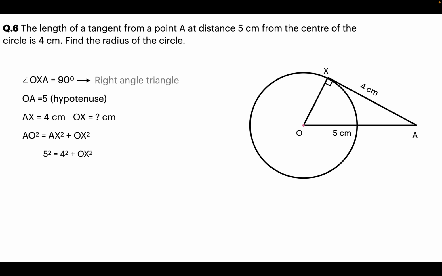It's going to be 5 square equals 4 square plus OX square, and now we can solve this. If we rearrange this, we get OX square equals 9. That means OX is square root of 9, so OX is 3 centimeters. So the radius here is 3 centimeters.